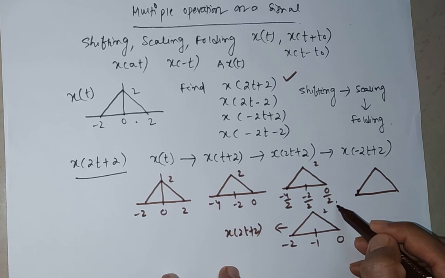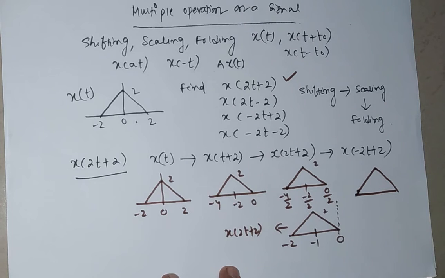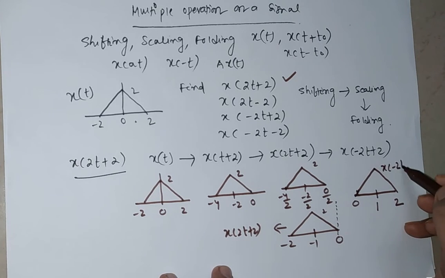This is your y axis. Rotate it clockwise or anti-clockwise with respect to the y axis. Then this becomes 0, this is 1, this becomes 2. The negative part becomes positive, and similarly, any positive part becomes negative. And this is your x of minus 2t plus 2.